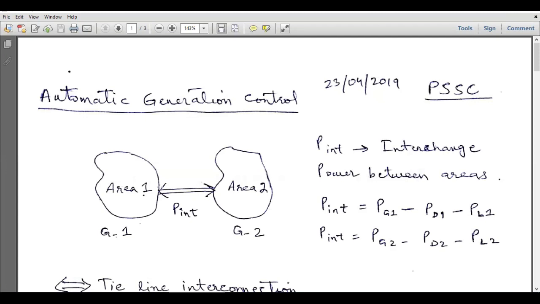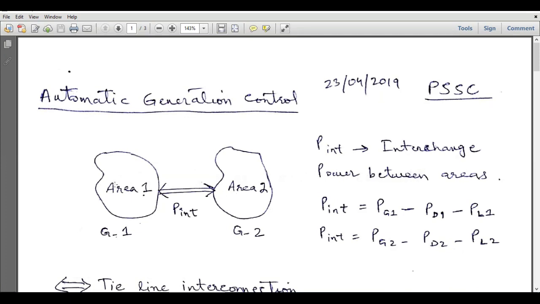And these two areas can be interconnected with each other such that if we have a deficiency of power in the second area and if we have a surplus power in area one, then the reliability of the power system can be enhanced by injecting the surplus power from the first area to the second area. So this is how an interconnected system works.